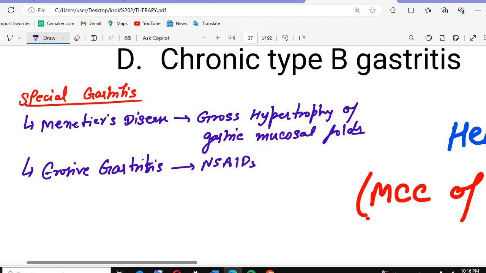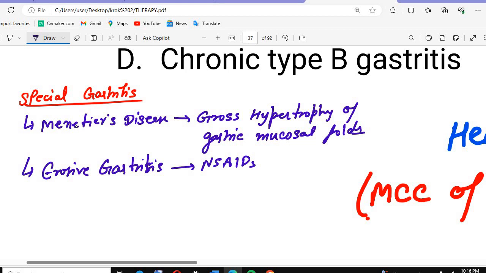Other than that, it can be eosinophilic gastritis, that is allergic, and it can be reflux gastritis, like if it is due to reflux of alkaline contents from the jejunum into the stomach, because in the small intestine we have more alkaline secretions and the pH is more alkaline. So if there is alkali reflux into the stomach, that leads to reflux gastritis.